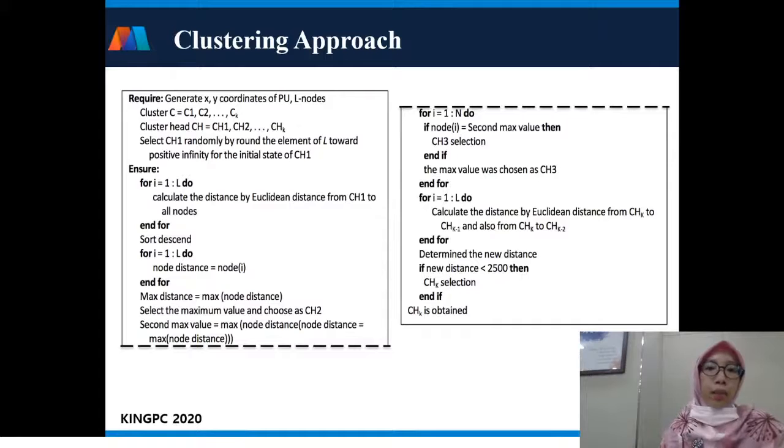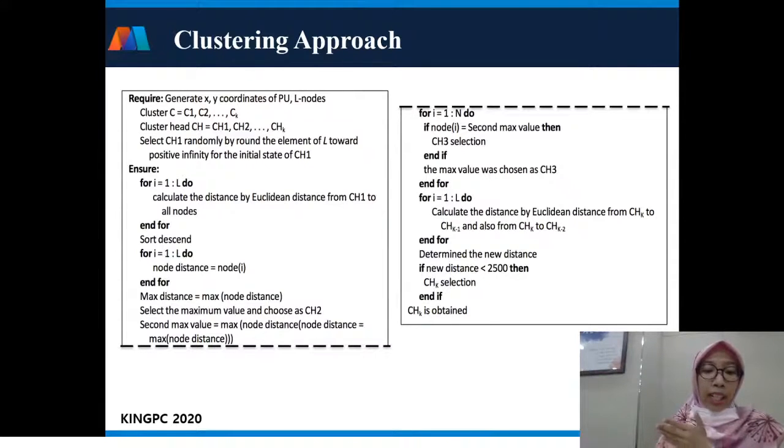Then we use the clustering approach to solve these issues. In this simulation, we deploy nodes in a network into clusters, and we randomly select the first cluster head. In other words, the cluster head is randomly selected among the 8 nodes that we already defined, and the next cluster head is determined by calculating the Euclidean distance from CH1 to all other nodes.